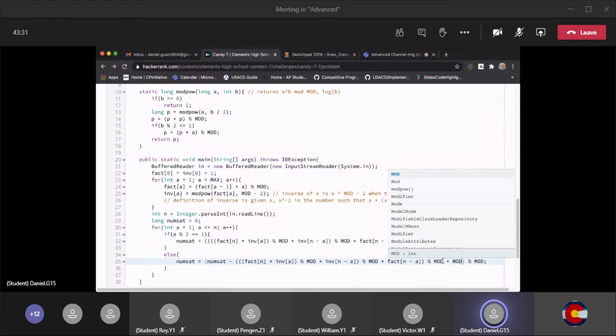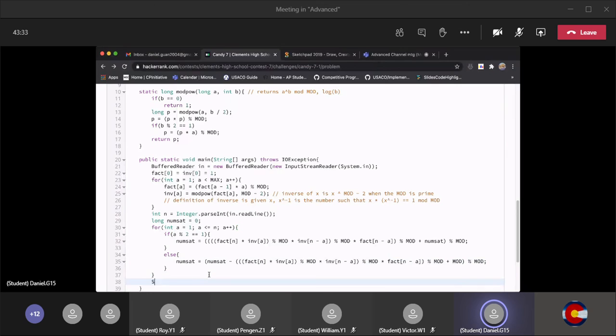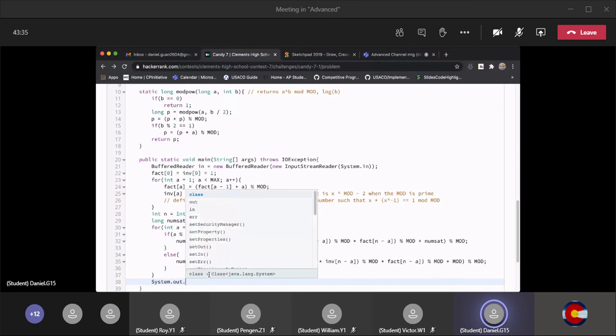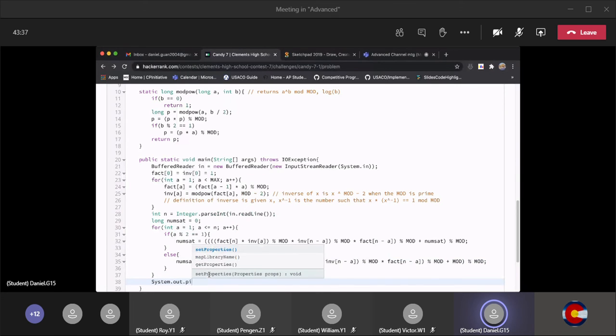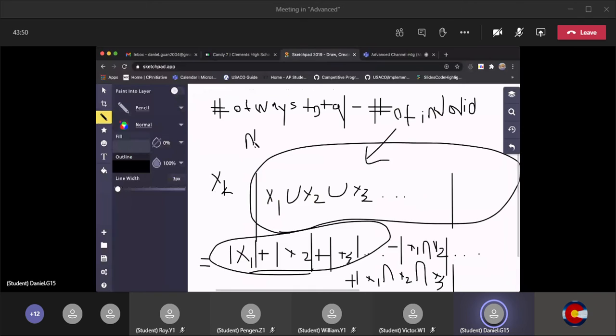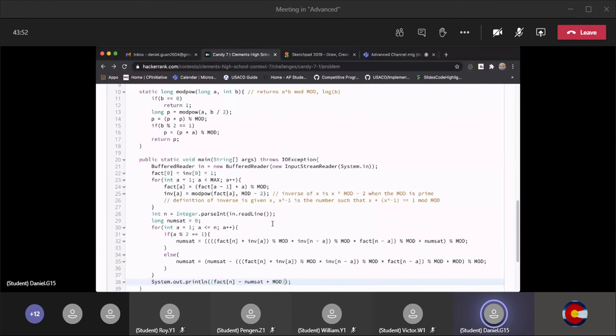And then at the end, you just print out the answer. And remember, we did complementary counting, so don't forget to subtract it from the total number of ways, which we said was N factorial. So N factorial minus the number that are invalid, and then we print that out.